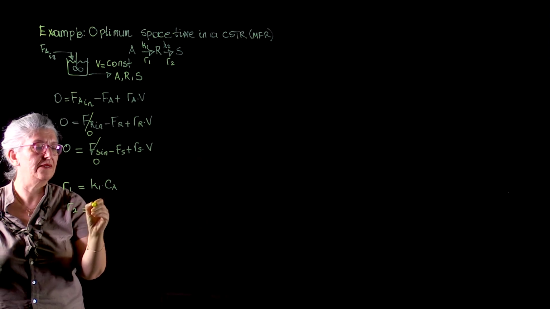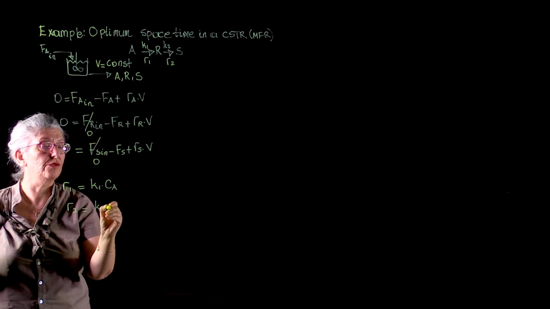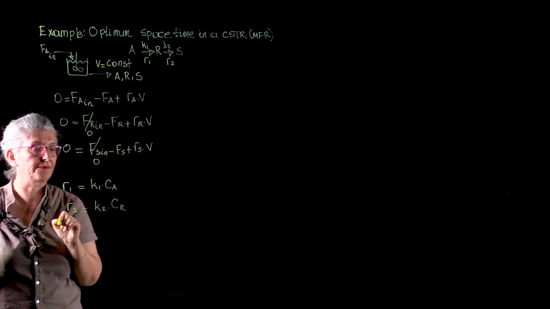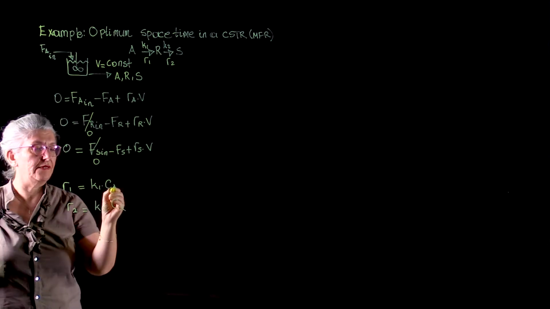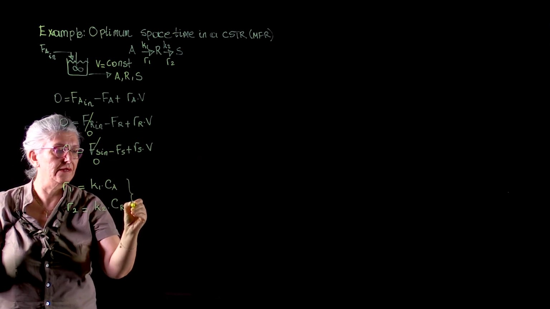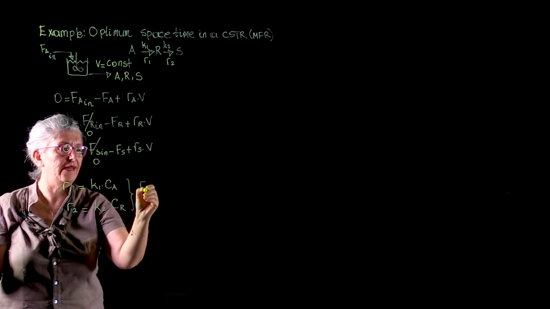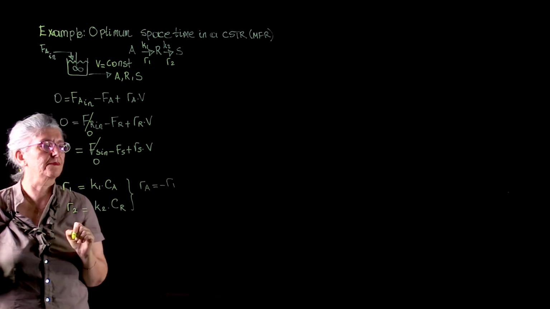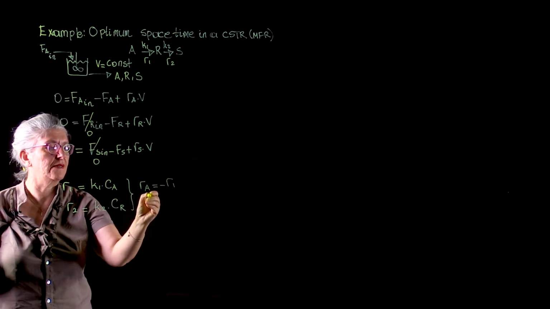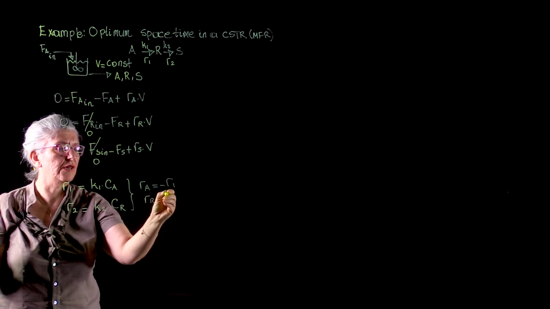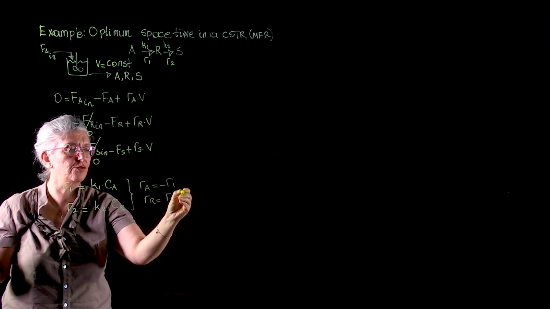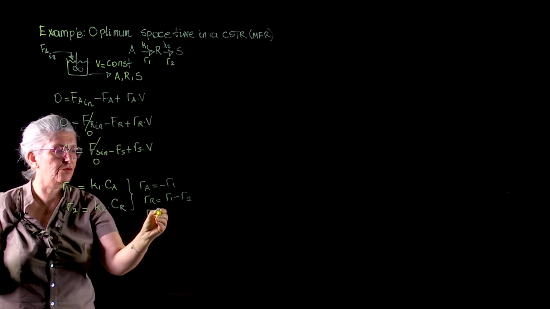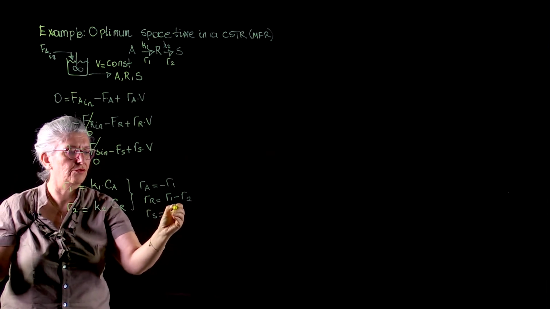R2 is K2 times Cr. Given this, Ra is equal to minus R1, Rr is equal to R1 minus R2, and Rs is equal to R2.